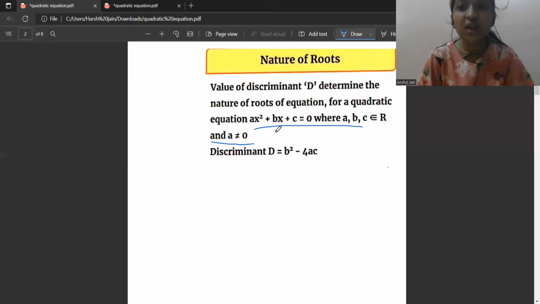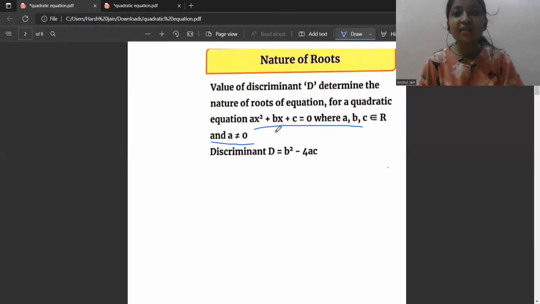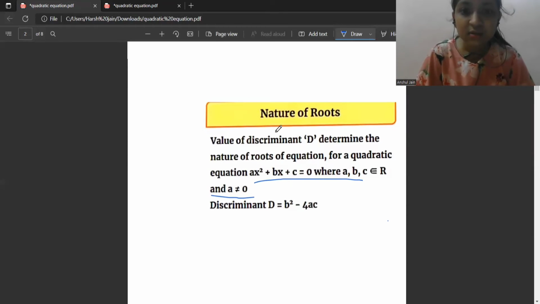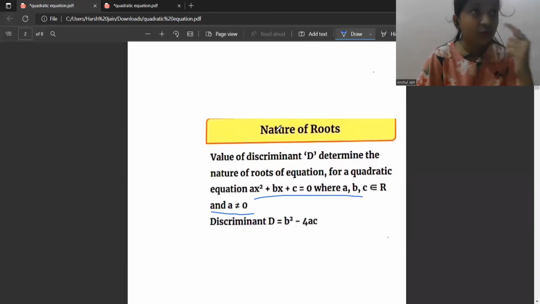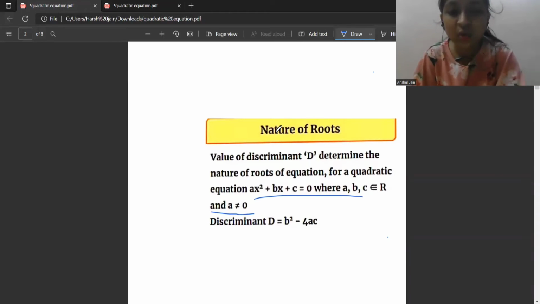And you have also learned the factorization methods to find the roots of this quadratic equation. I hope you all remember the methods, and the completing the square method. This is not very important in this topic, but you should have an idea about it. You know, a root satisfies the equation.